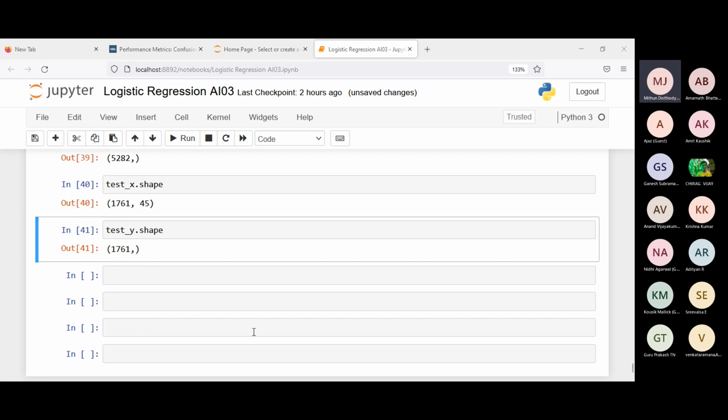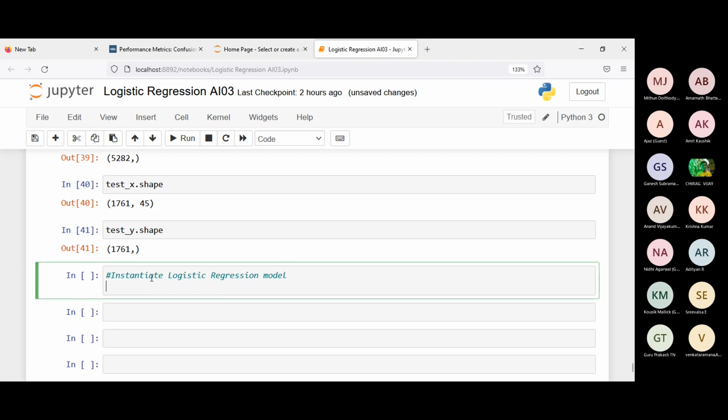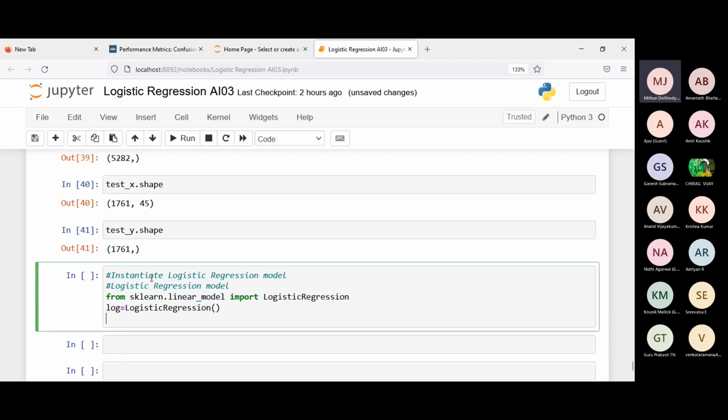Now let us instantiate our logistic regression model. Again I'm doing the same thing: from sklearn.linear underscore model, import LogisticRegression. In the case of linear regression, I said import LinearRegression, correct?